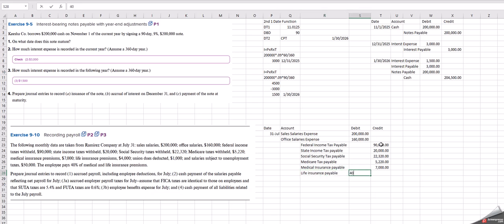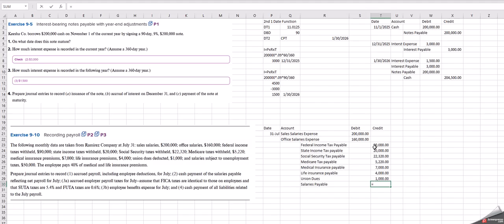for $4,000. Whoops, sorry, wrong column. Union dues of $1,000. And then we're going to put it to our salaries payable.